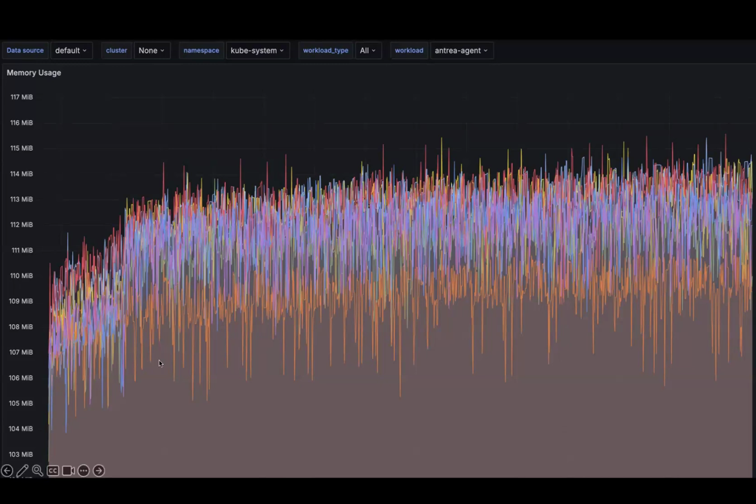But as you see on the y-axis, the difference is not much, 2-3 megabytes. The higher one is as high as 115 megabytes and the lower one is 105. So the difference between max and min is only 10 megabytes.